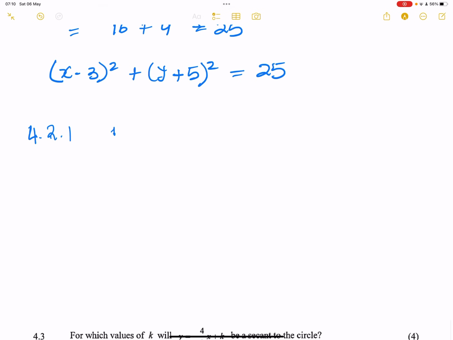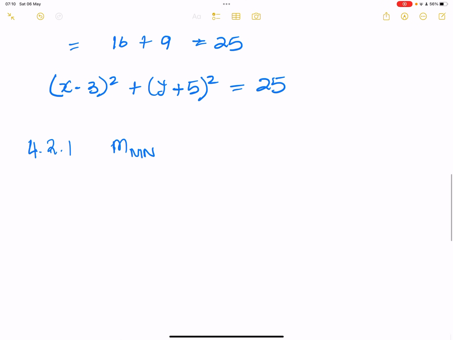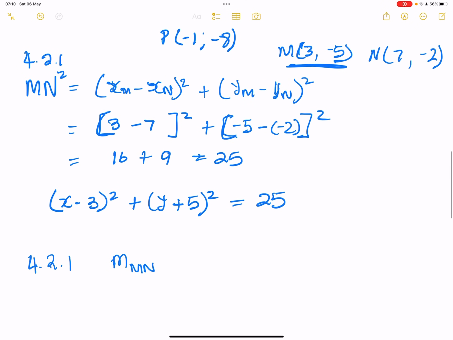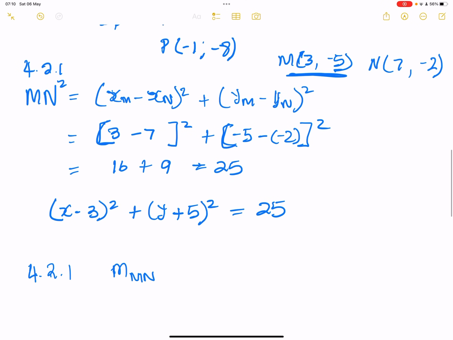So let's find the gradient of MN. In this case, we've got the points M and N. So that's going to be (yM − yN) over (xM − xN).